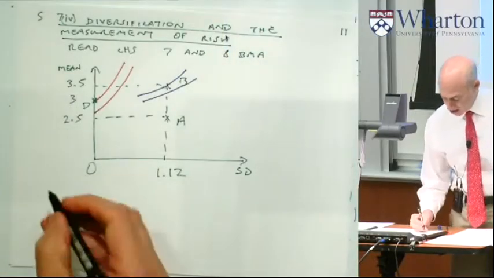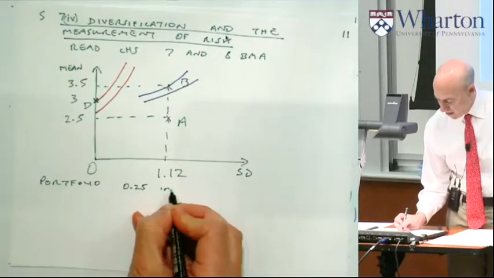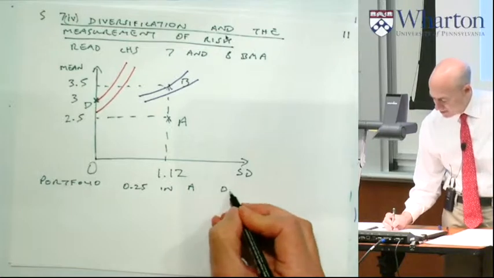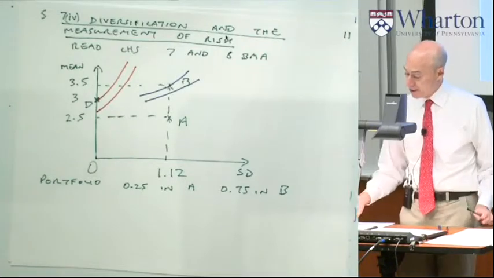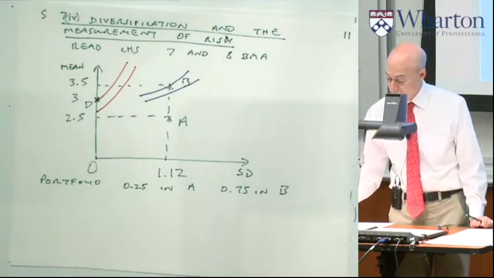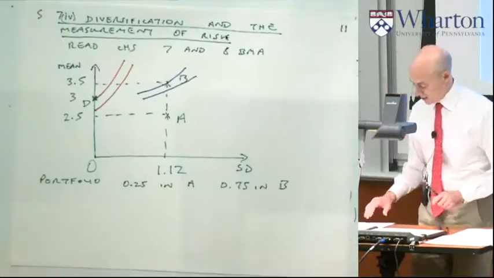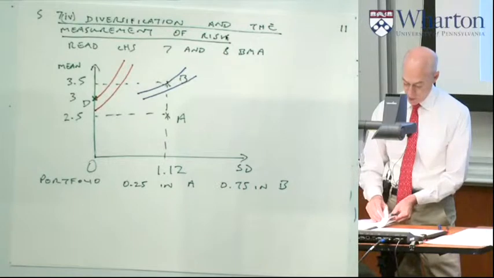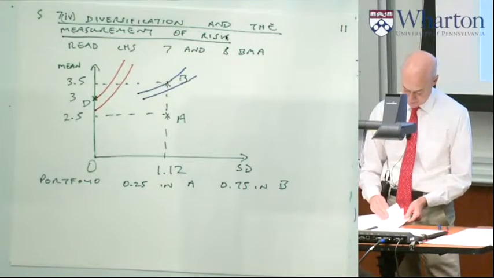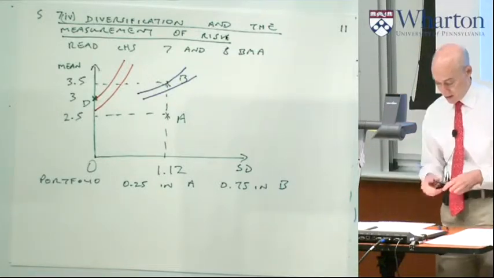For example, we could have a portfolio with 0.25 in A and 0.75 in B. Now we could go through and do an exercise like we did here for the half-half, but it takes a fair amount of time, and so instead what we can do is to take our formulas that we developed earlier on, and we can find the mean and the standard deviation in that case.